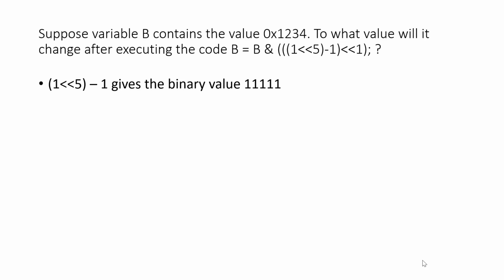This will give us 5 1 bits. So after you shift these 5 1 bits, 3 of those bits will correspond to the upper 3 bits of the rightmost hex digit, right? And then those 2 will be the lower 2 bits of the second hex digit.